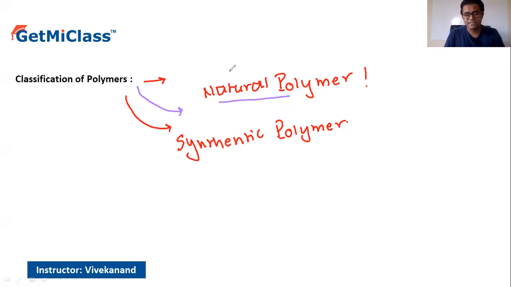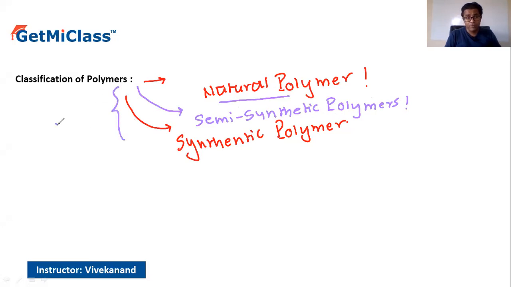In such a case, we call them semi-synthetic polymers. Okay, so we are going to classify the polymers into 3 categories depending upon their sources. Category number 1, natural polymer, 2, semi-synthetic polymer, 3, synthetic polymer.